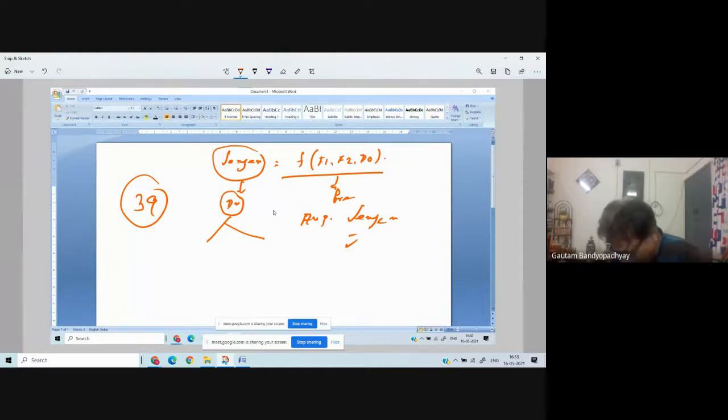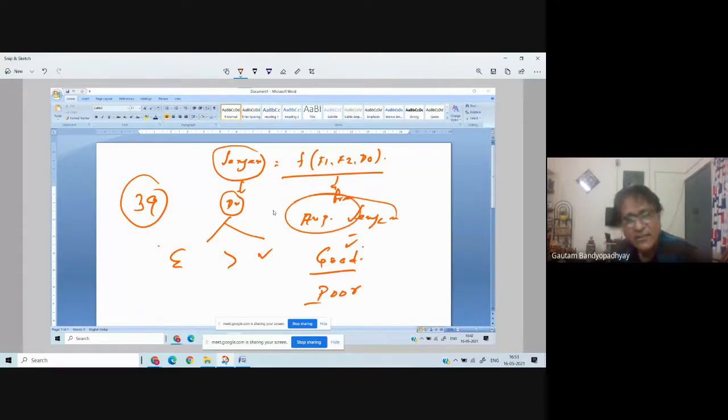Then for each observation, we compare with the average Sensex value. If the Sensex value is greater than this average, we say it is a good Sensex, otherwise it is poor. On the basis of this criteria, we construct the two groups, good and poor, based on these three factor scores.